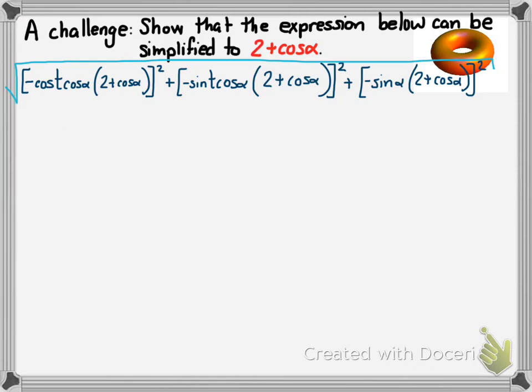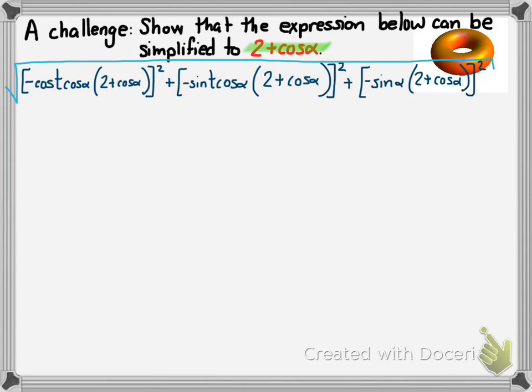And then, to top it all off, we take the square root of that whole expression. Whoa. This is what gets set up in the problem, and we want to simplify that entire expression to 2 plus cosine alpha. Believe it or not, it can be simplified to 2 plus cosine of alpha.